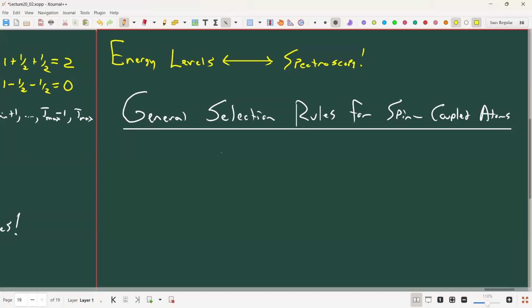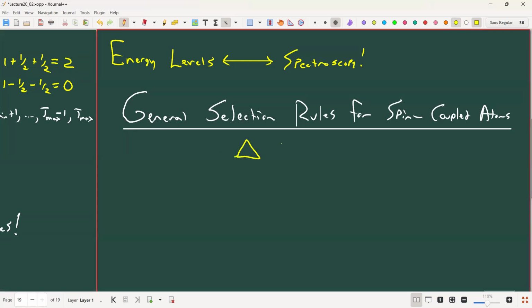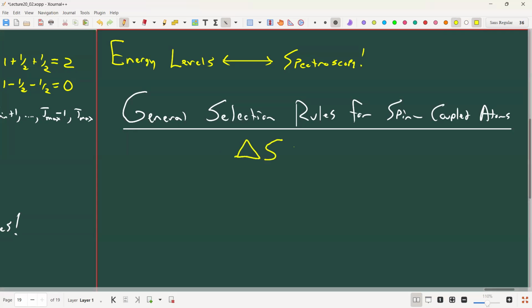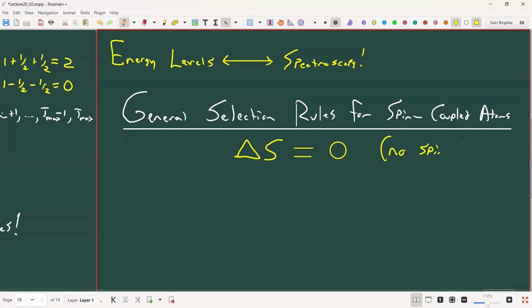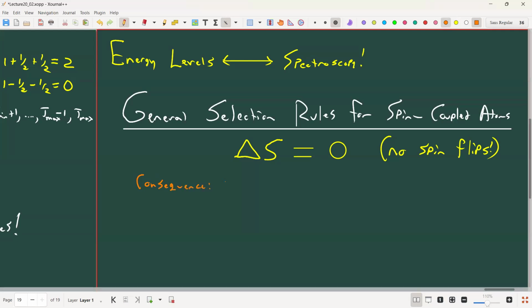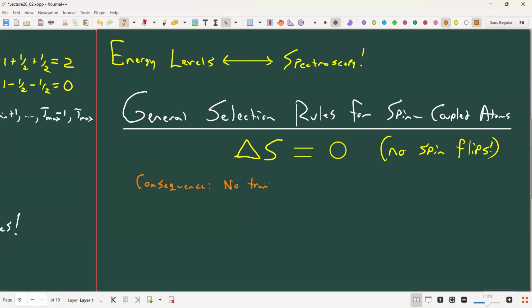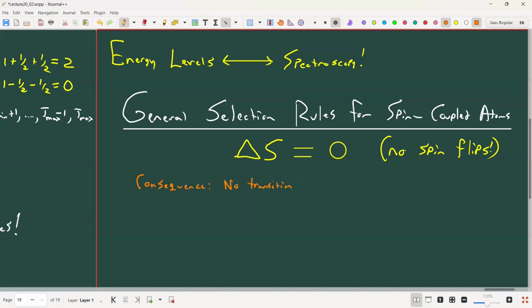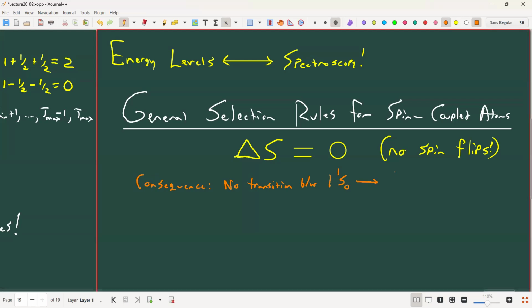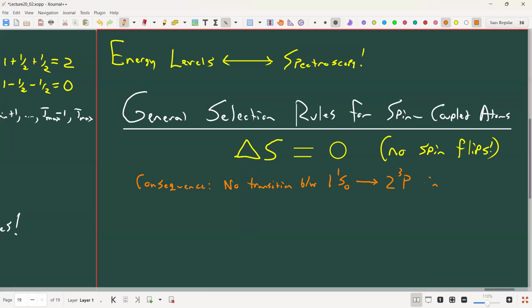The hardest rule of them all, maybe not the hardest rule, actually this one gets broken sometimes, is that the spin cannot change. No spin flips. Right? So the consequence of this, there is no transition between the 1,1s0 state and the 2,3p states in helium.